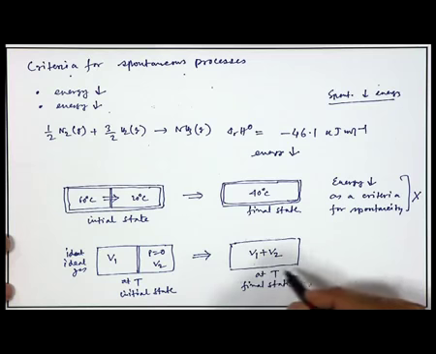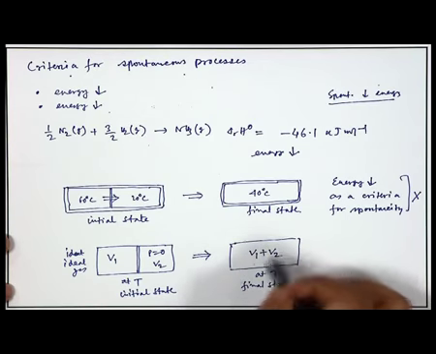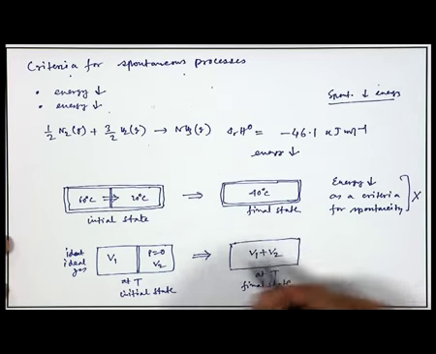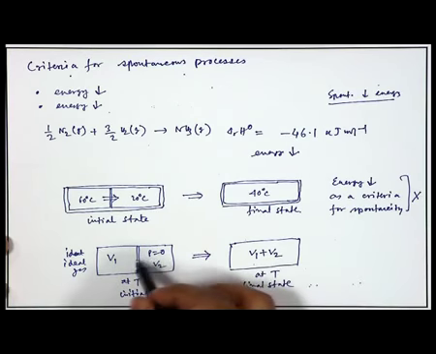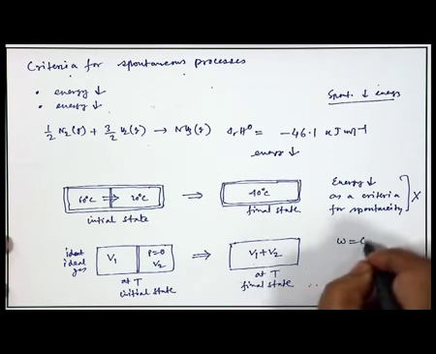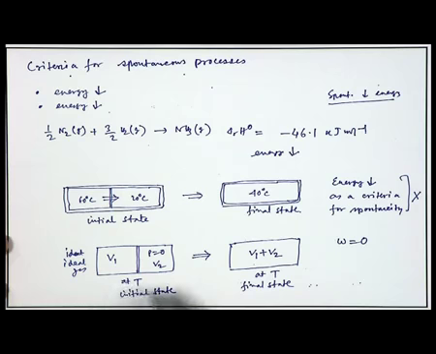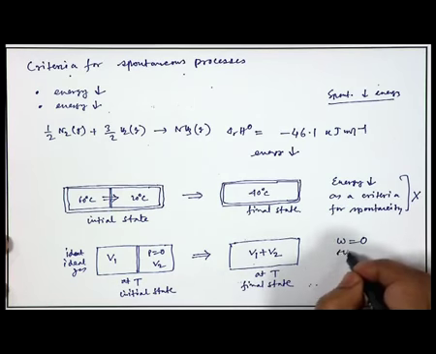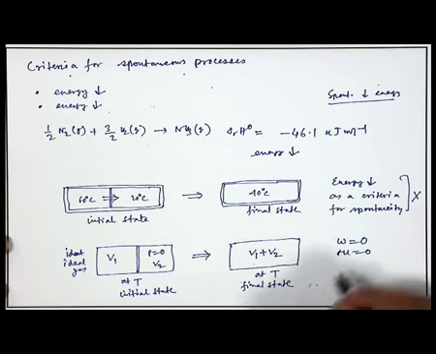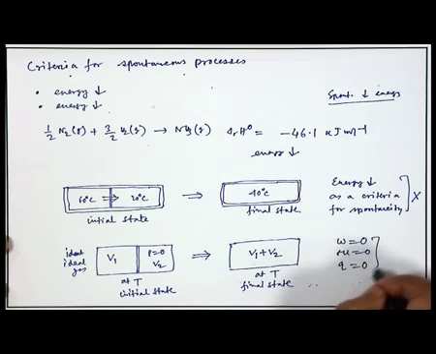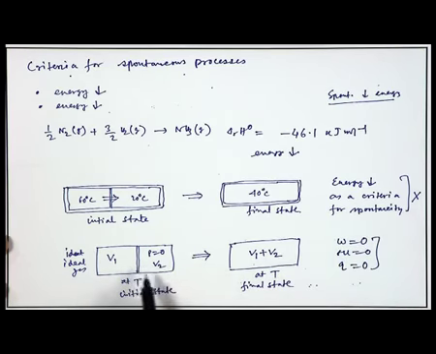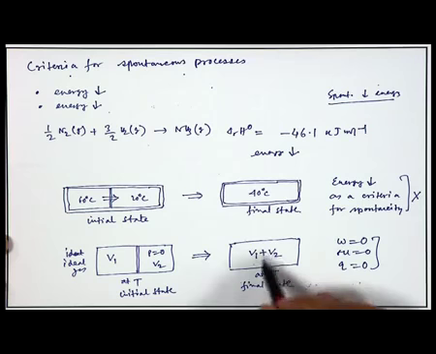What is the energy change in this process? Because this is an expansion against 0 pressure, W should be 0. I am talking about an ideal gas at constant temperature, so del U is 0. So, obviously, Q should be 0, which means there is no exchange of energy as heat in this process.